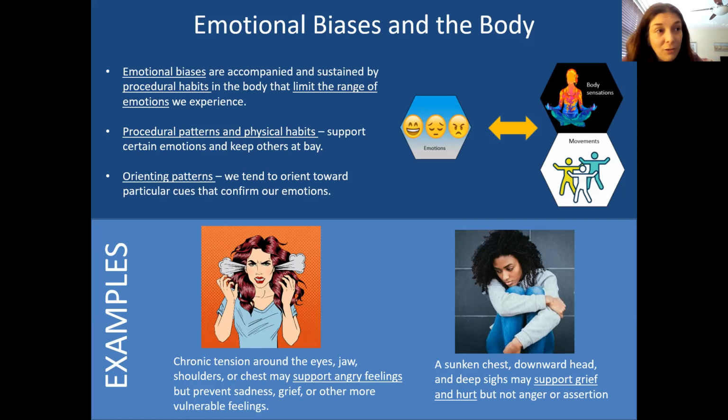But when I'm in that posture, it's very hard for me to feel stronger emotions such as anger. It's very hard to feel assertive and confident in a posture like that. So I have to give myself some physical loosening up so I can have the ability to feel more things.